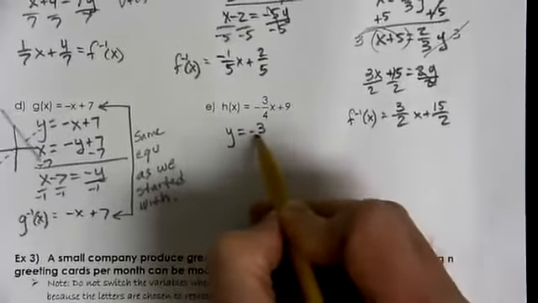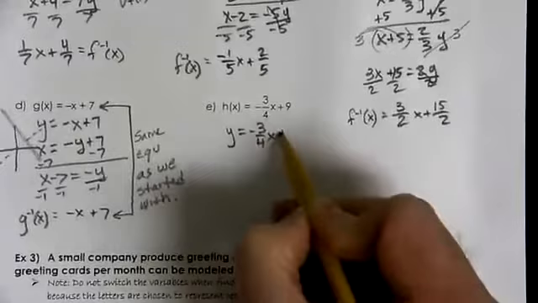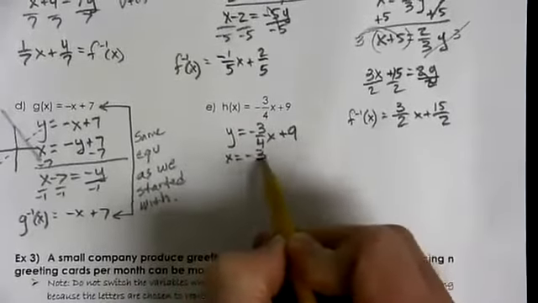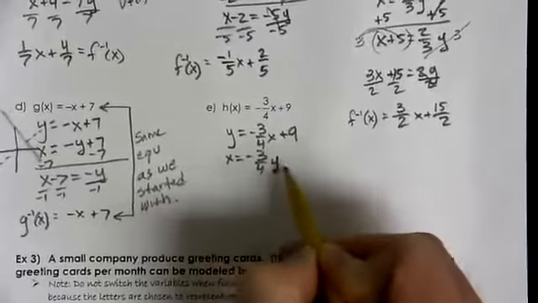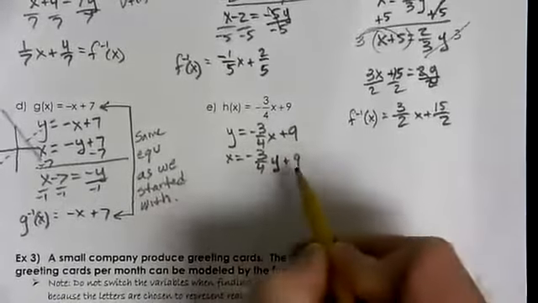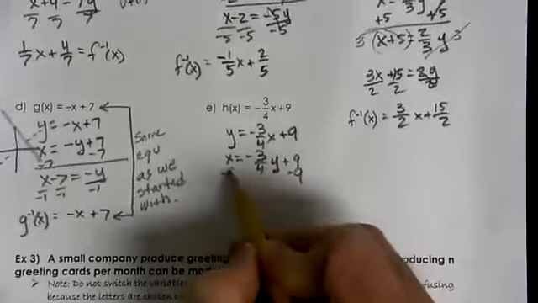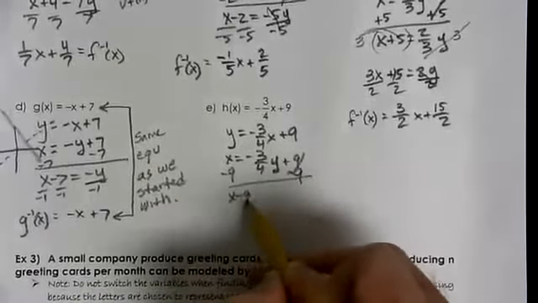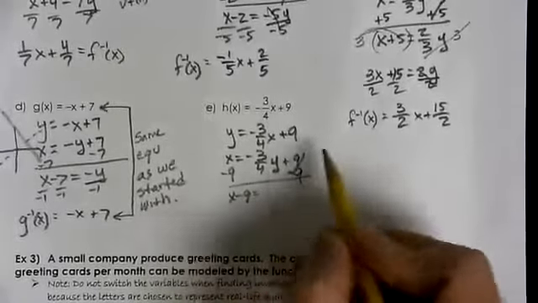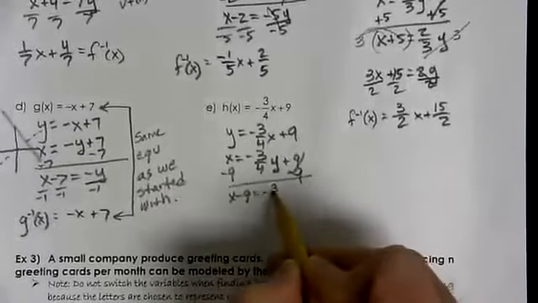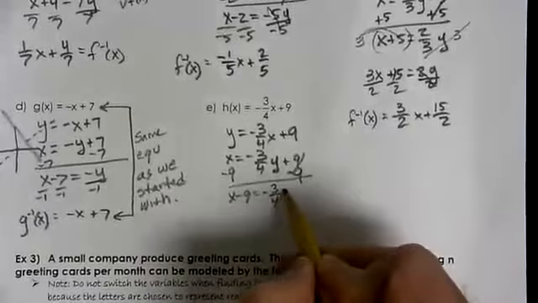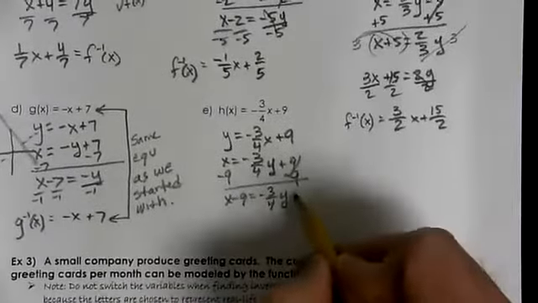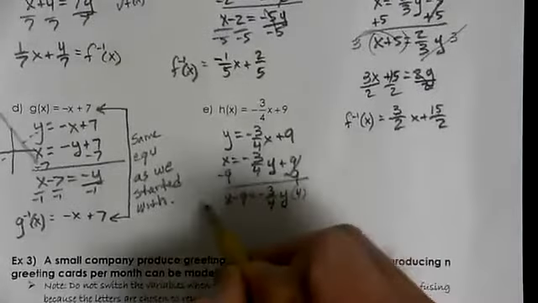Y equals negative 3/4 x plus 9. Switch the x and the y. Subtract the 9. Then we're going to multiply by the denominator.